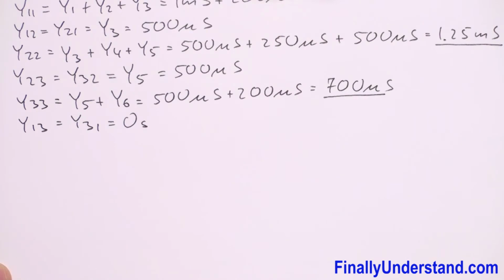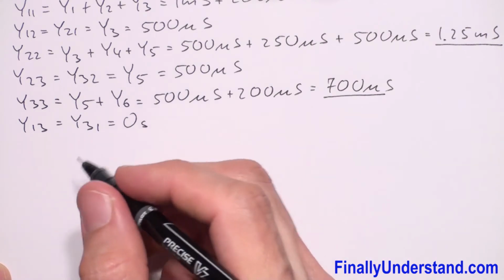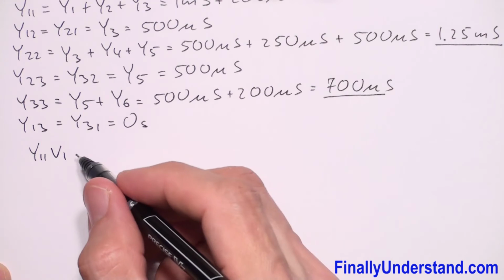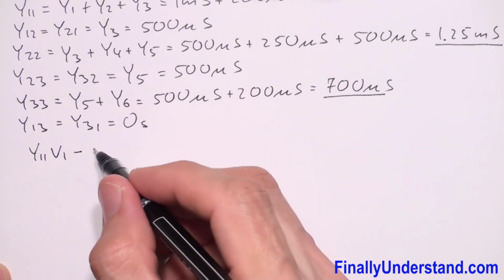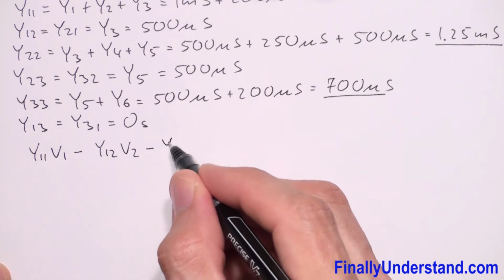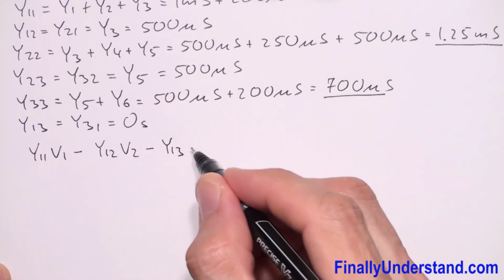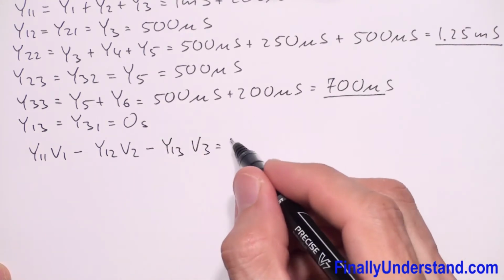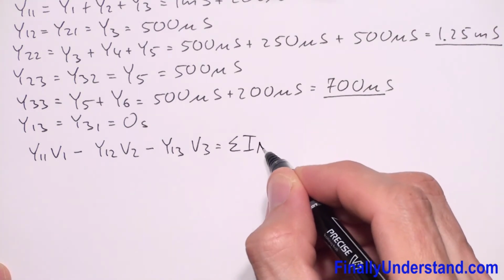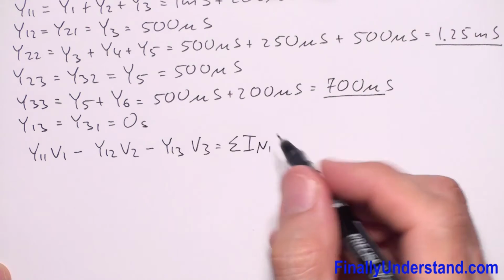Next, we're supposed to write the general formula for the 3-node circuit. Okay, so the formula says Y11 V1 minus Y12 V2 minus Y13 V3 is equal sum of the currents at node 1.